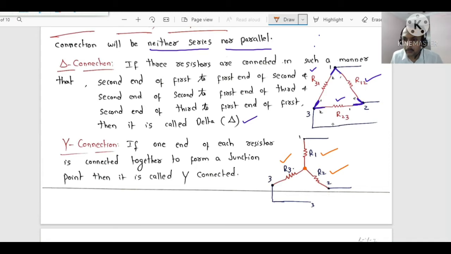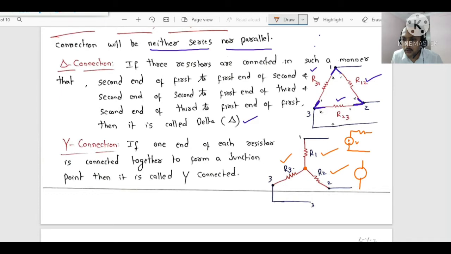Just like in our source transformation, the rule is simple. A voltage source in series with a resistor is transformed to a current source in parallel with a resistor. Statement-wise, very simple. Now the next question arises: what should be the value of this current we have taken?